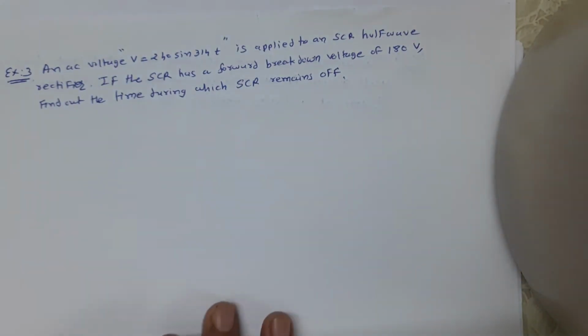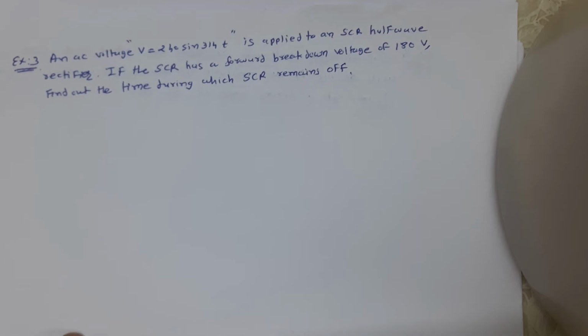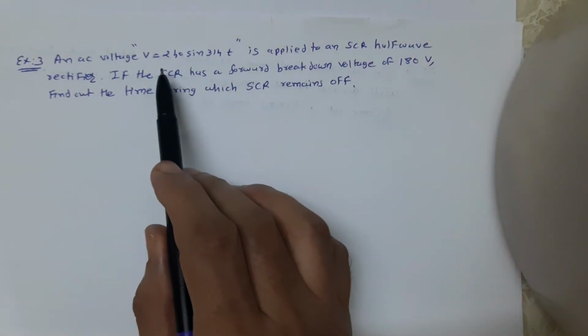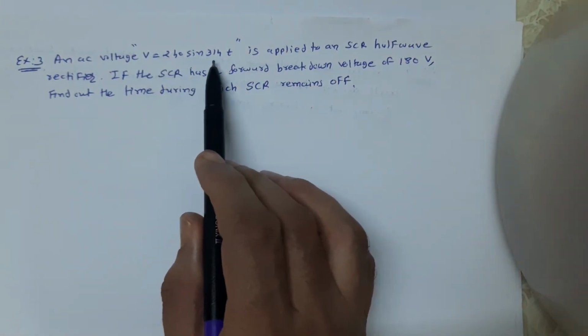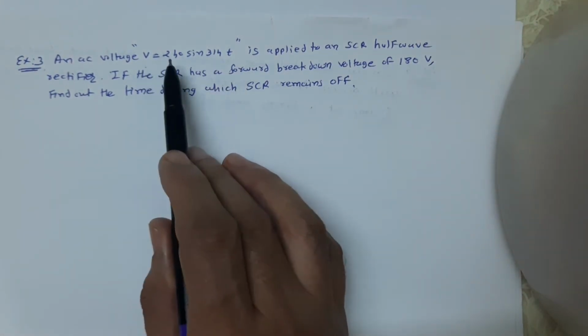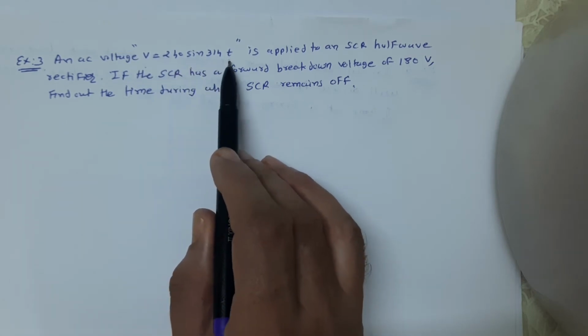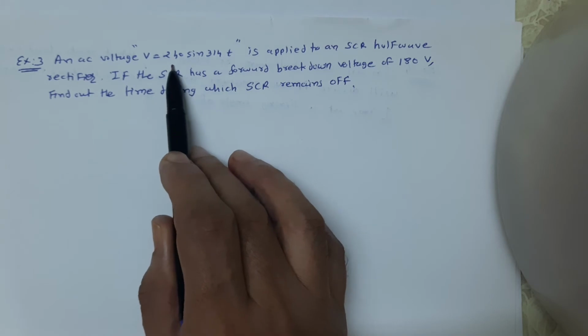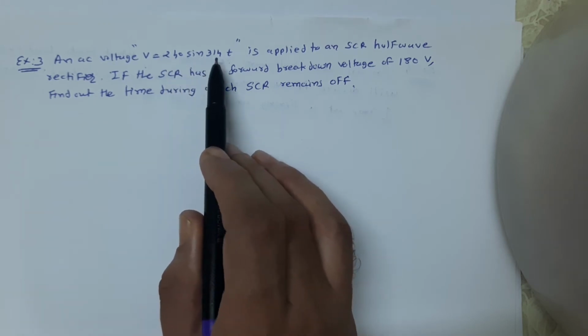Now we are discussing the next example, example 3. Our example 3 is: an AC voltage V is equal to 240 sine 314 t. That means V is equal to Vm sine omega t, so Vm is equal to 240 and omega is equal to 314.